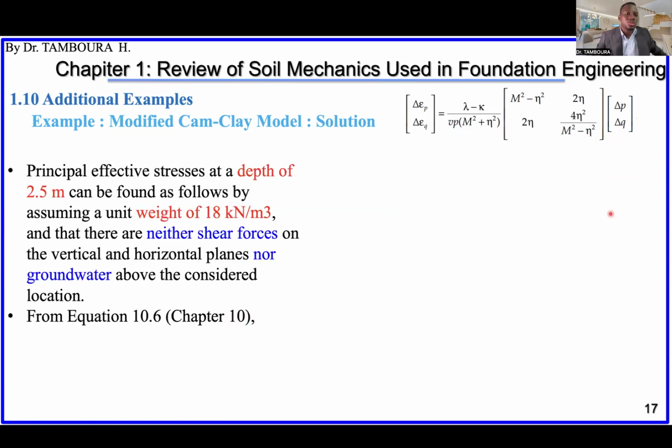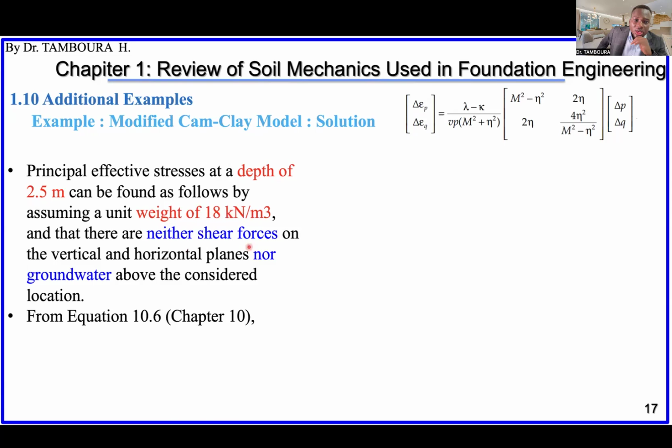So we will consider, because the soil sample was taken from a depth of 2.5 meters in the ground, okay, and we will consider the unit weight of the soil is 18 kilonewtons per cubic meter.